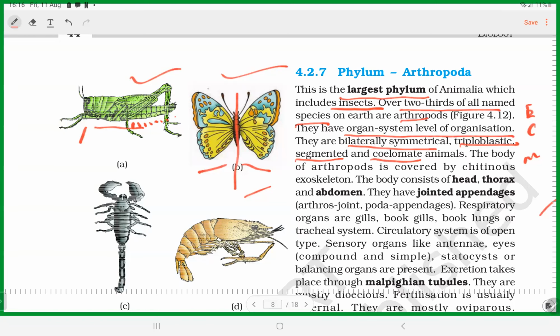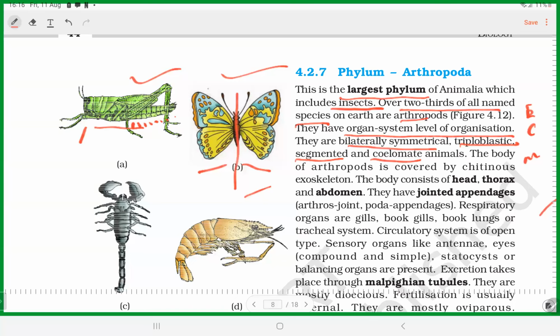So the important points as of now: general characters, largest phylum of the animal kingdom, which includes insects, and two thirds of all known organisms are insects only. They show organ system level of organization, bilateral symmetry, and triploblastic, endoderm, ectoderm, mesoderm both differentiated. They have segments in the body, and they are true coelomate animals.